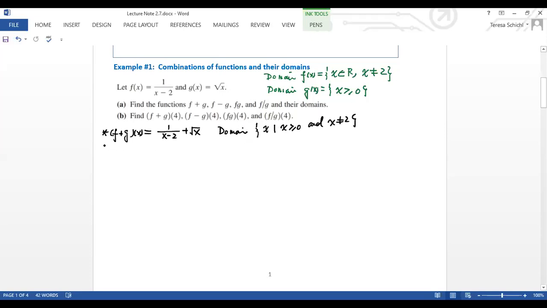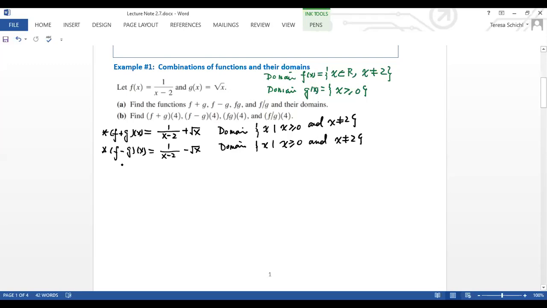Now let's take a look at f minus g of x. It will just be 1 over x minus 2 minus the square root of x. This one is the same thing: the domain has to be greater than or equal to 0, and x is not equal to 2.